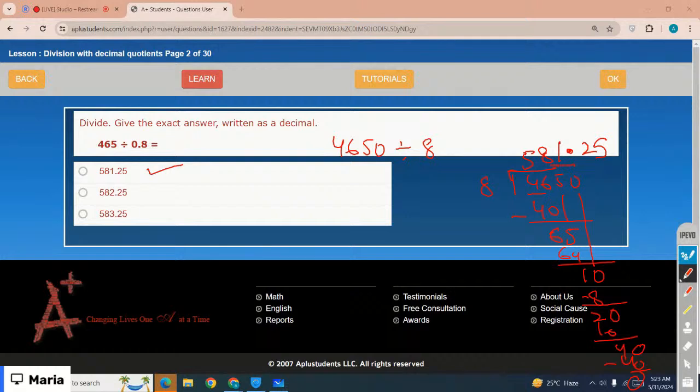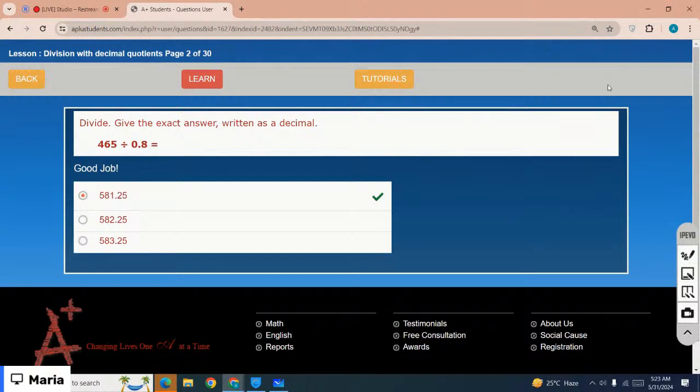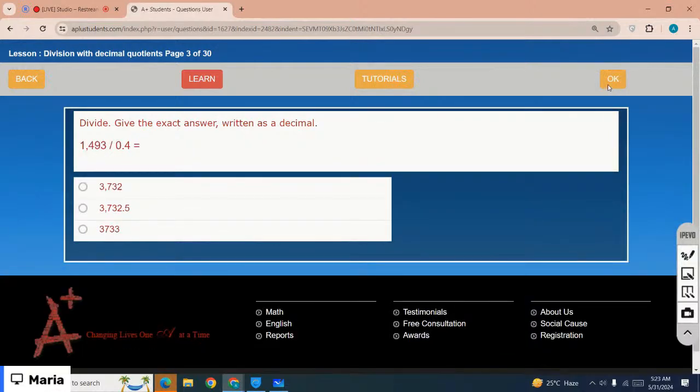Okay, the next one is 1493 divided by 0.4. This example is exactly the same, right? You need to remove the decimal point from the divisor. You have only one decimal place here, right?